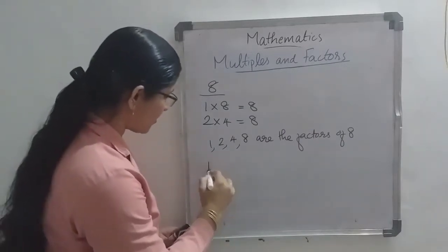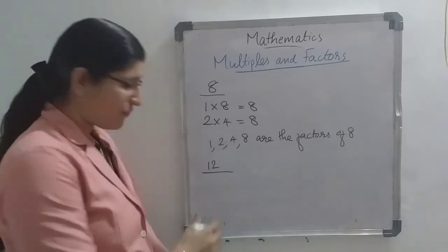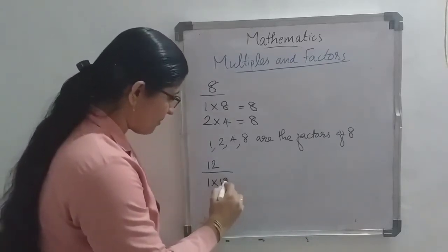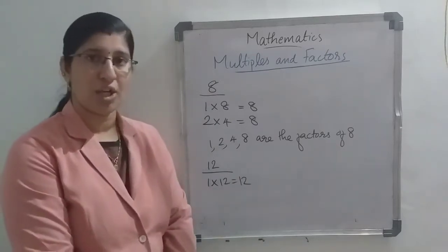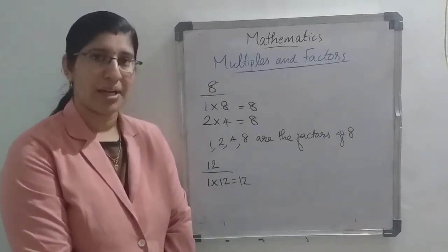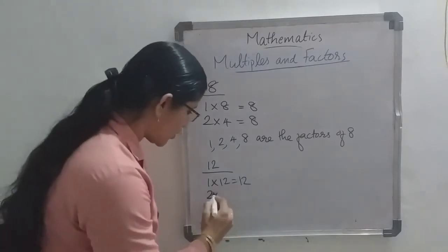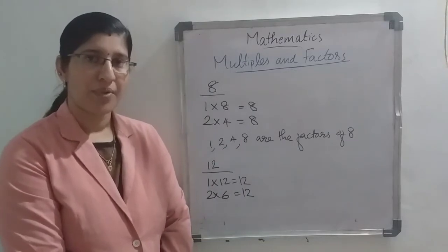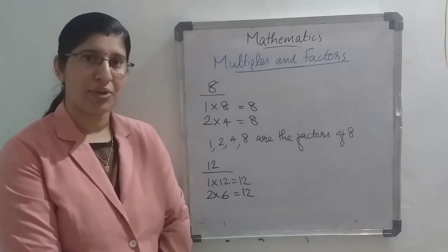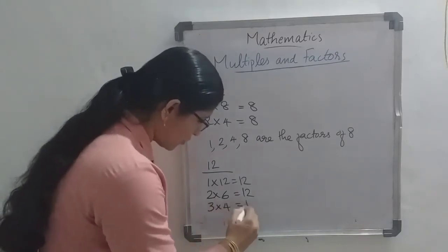One more example, suppose it is 12. Every number is a multiple of 1, so 1 into 12 is equal to 12. Next, in 2's table, 2 into 6 is 12. 3's table, 3 4s are 12.